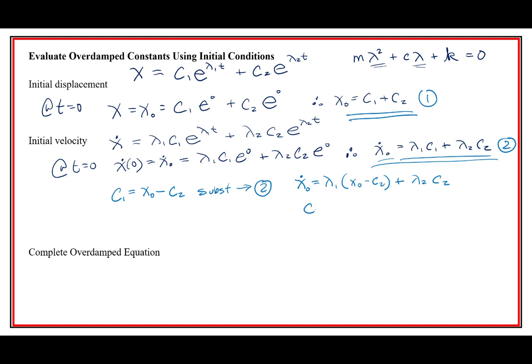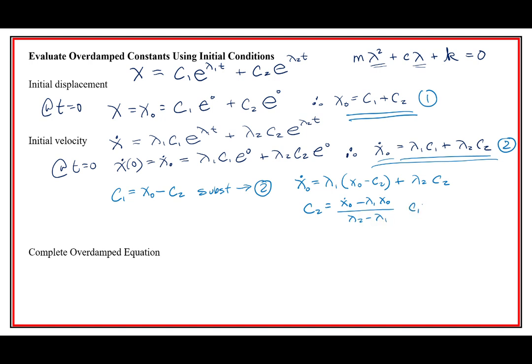So C2 is therefore going to be (x dot naught minus lambda 1 x naught) divided by (lambda 2 minus lambda 1).